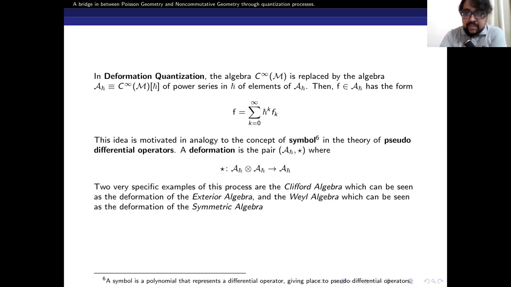Two very specific examples of this idea of deformation are the Clifford algebra, which can be seen as the deformation of the exterior algebra, or the quantization of the exterior algebra, and the Weyl algebra, which can be seen as the deformation of the symmetric algebra, or the quantization of the symmetric algebra.